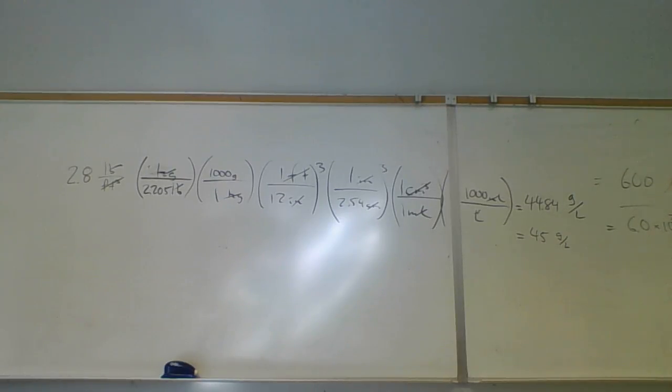The density of copper about 9. Density of lead is about 11. Density of mercury is about 13. Density of water about 1. The density of helium about 0.001, or about 1 gram per liter. So helium has a density of 1 gram per liter.